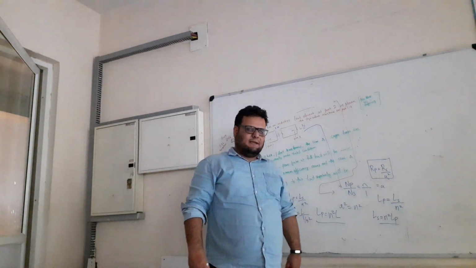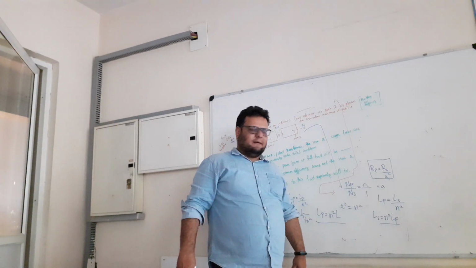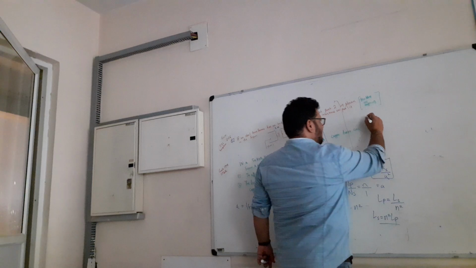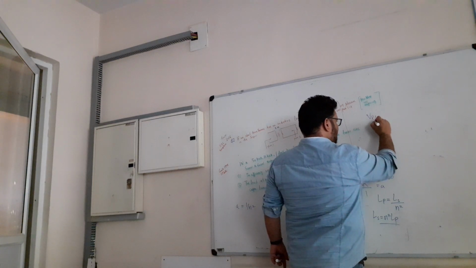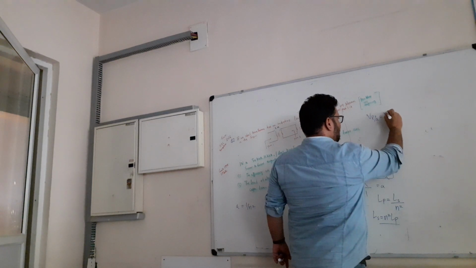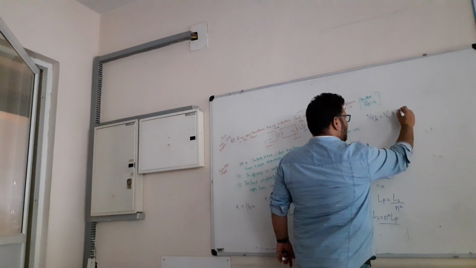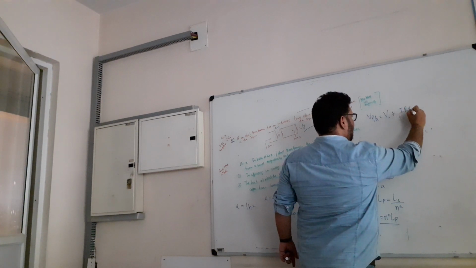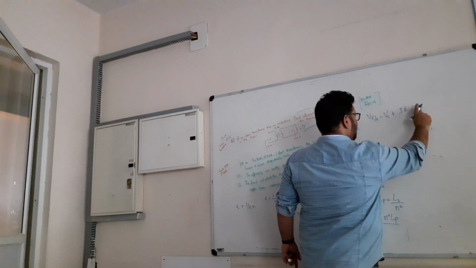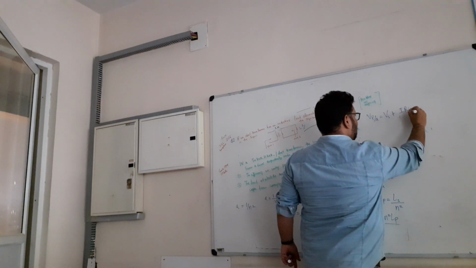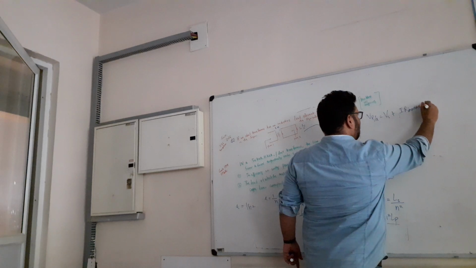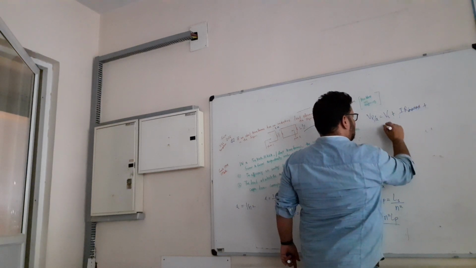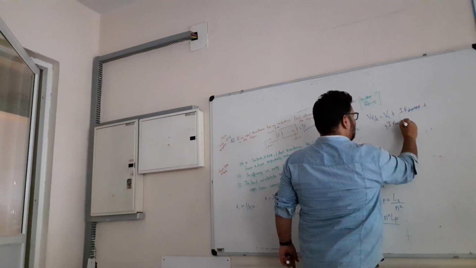Similarly, for the voltage regulation also, we have seen the percentage voltage regulation. What we can write is VP by A is equal to VS plus I R equivalent cos phi plus I X equivalent sin phi.